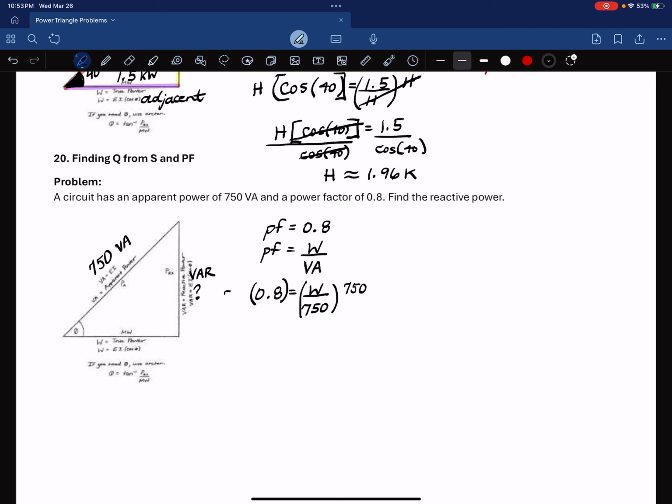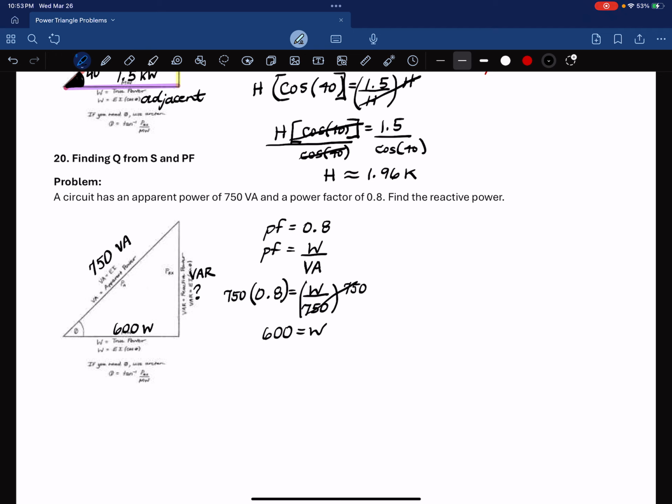So let's do 750 times both sides. And 750 times 0.8 is 600. So 600 equals W. That's this number.